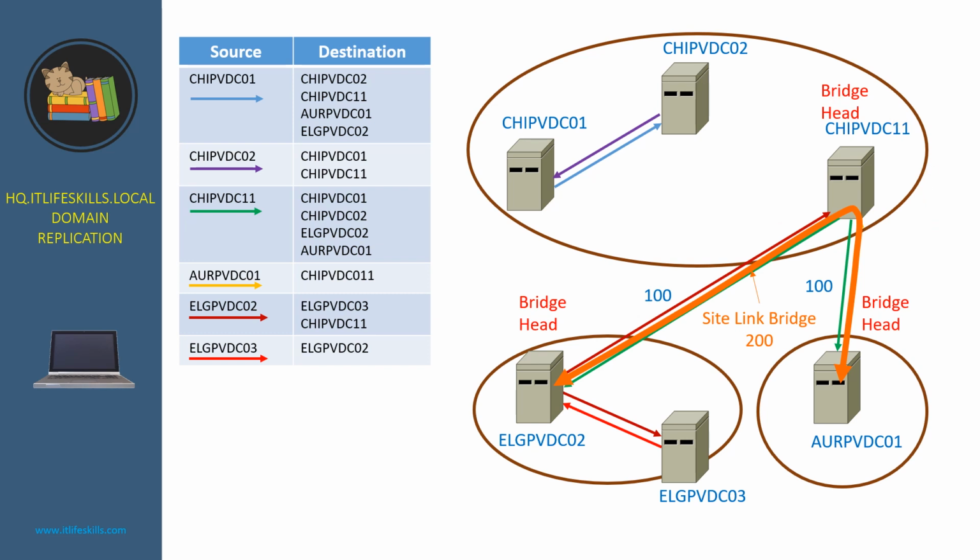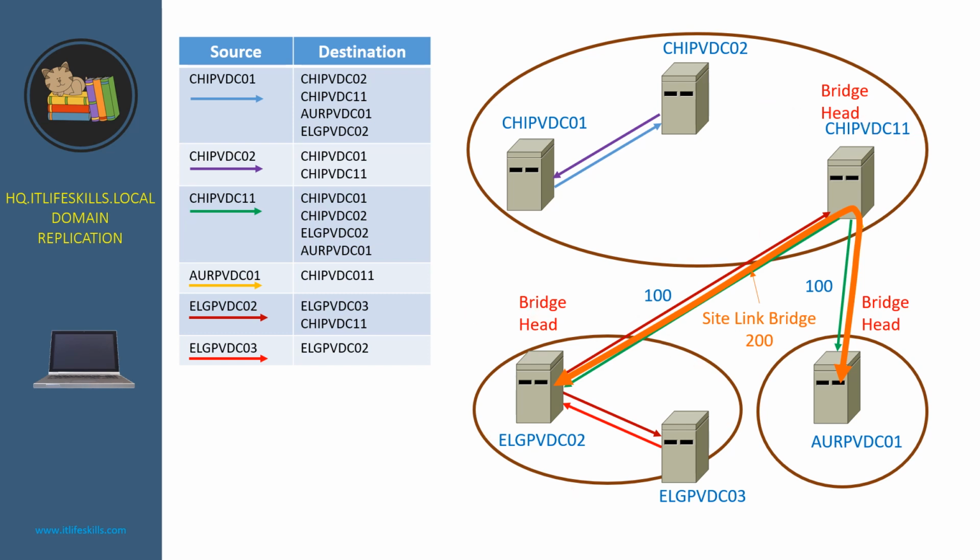With the current replication topology, Chicago acts as the hub site, which means all the changes in Elgin must be replicated to Chicago first, then to Aurora. Similarly, all the changes in Aurora must be replicated to Chicago first, then to Elgin.